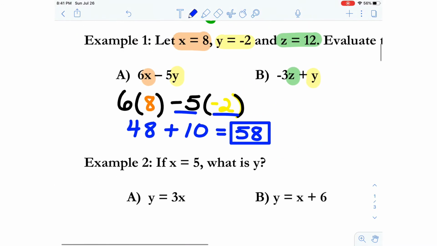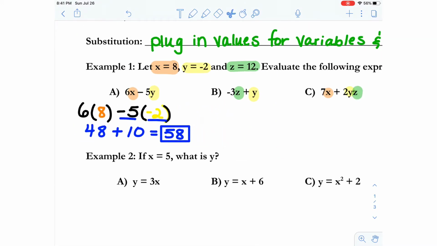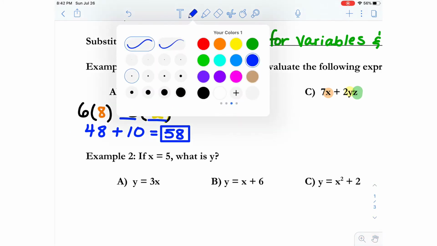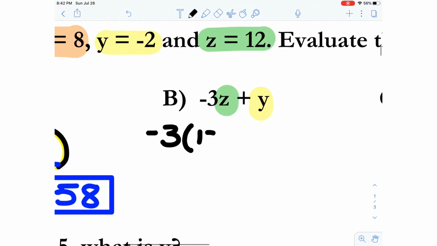So I'm going to do the rest of this pretty quickly, but that is the gist of what we're doing here with substitution. Okay, I'm not going to color code every single one. I just wanted you to really see on that first one. So we got -3, z is 12. So -3 times 12 plus -2.